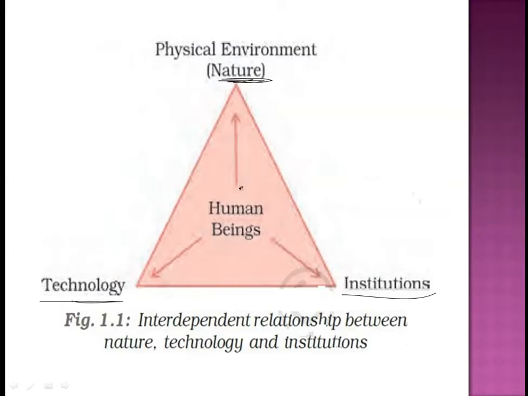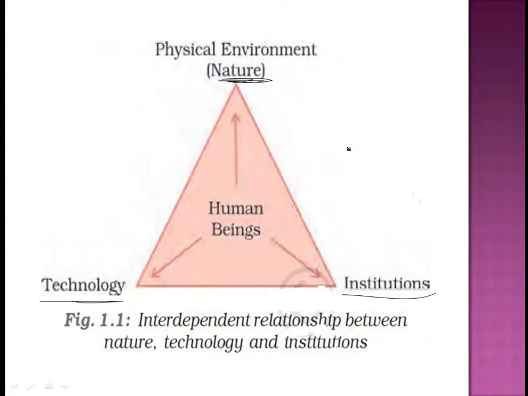So human being interacts with nature with the help of technology and establishes the institution, and after that different resources are created by human being. So this interdependent relationship between these three, nature, technology and institution, I hope it's clear to you.